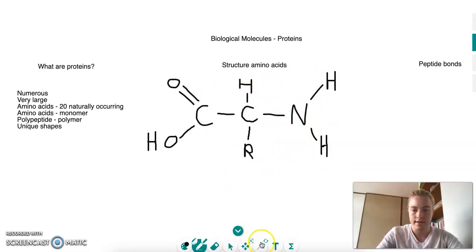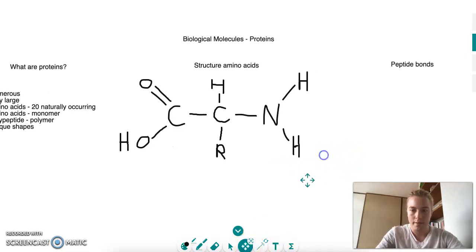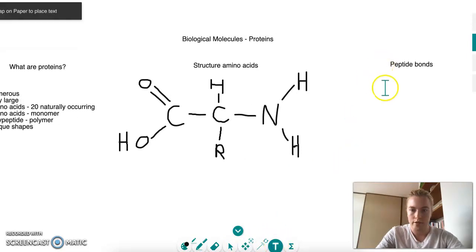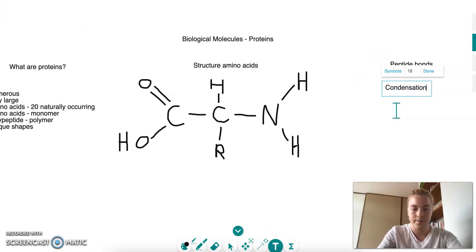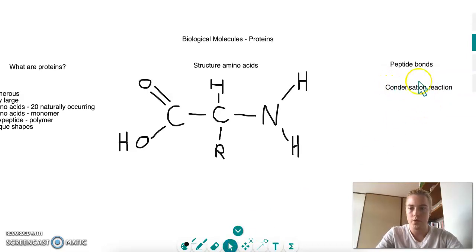Okay, so let's consider a little bit about the peptide bonding, which is what unites amino acids into polypeptides. So the peptide bonding occurs through what is called a condensation reaction. Now, that's significant because it means we're losing water. That's what happens in a condensation reaction.